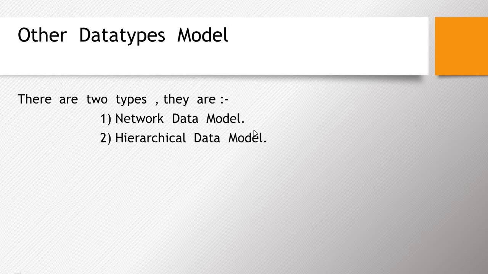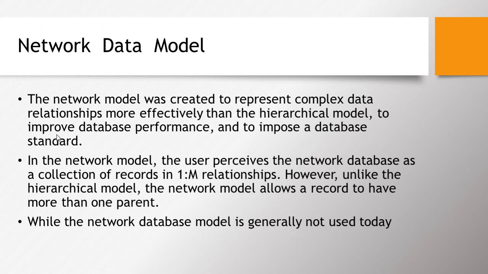And other database models contain the network data model and the hierarchical data model. These are the two models of other database types. The first one is the network data model. This network data model was created to represent complex data relationships. Nowadays the network data model is not used in many industries, because more efficient models have been introduced.